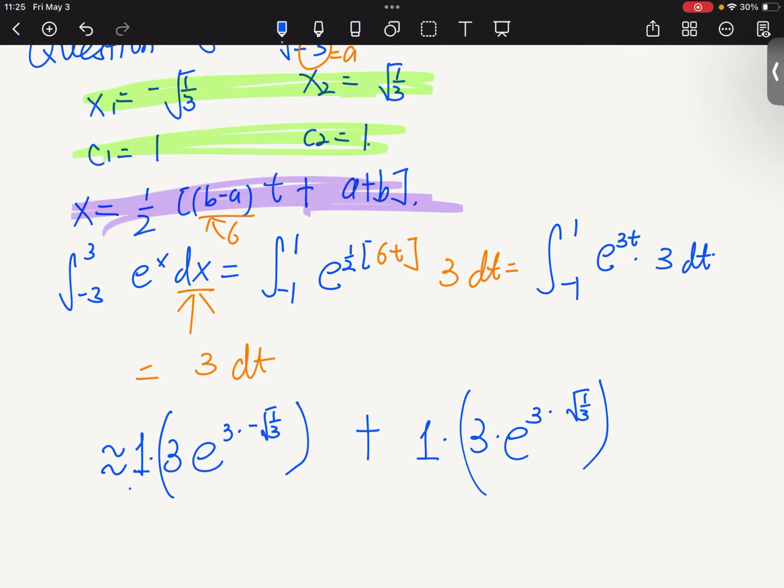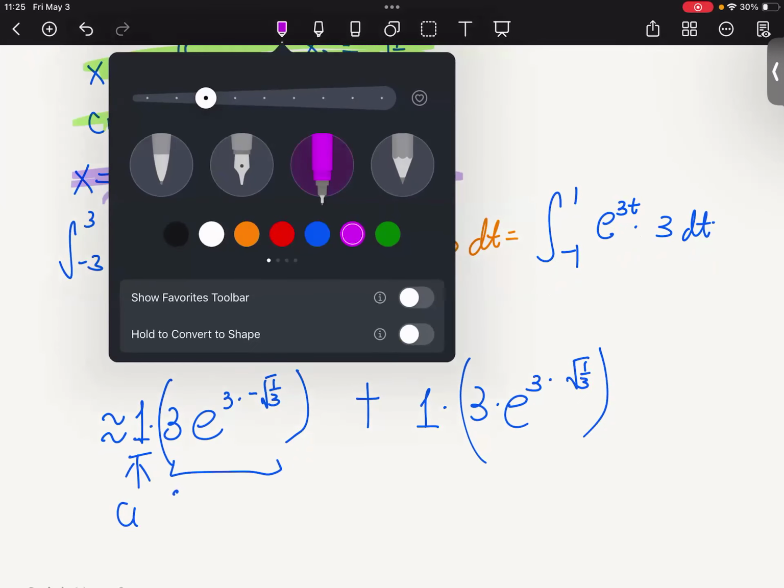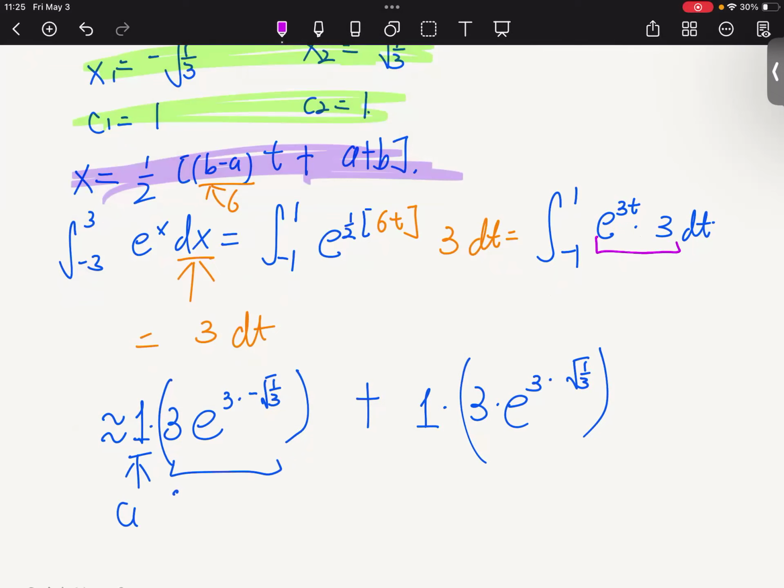This one is the new function F(t), and we are integrating the capital F(t) on the standard interval, -1 and 1.